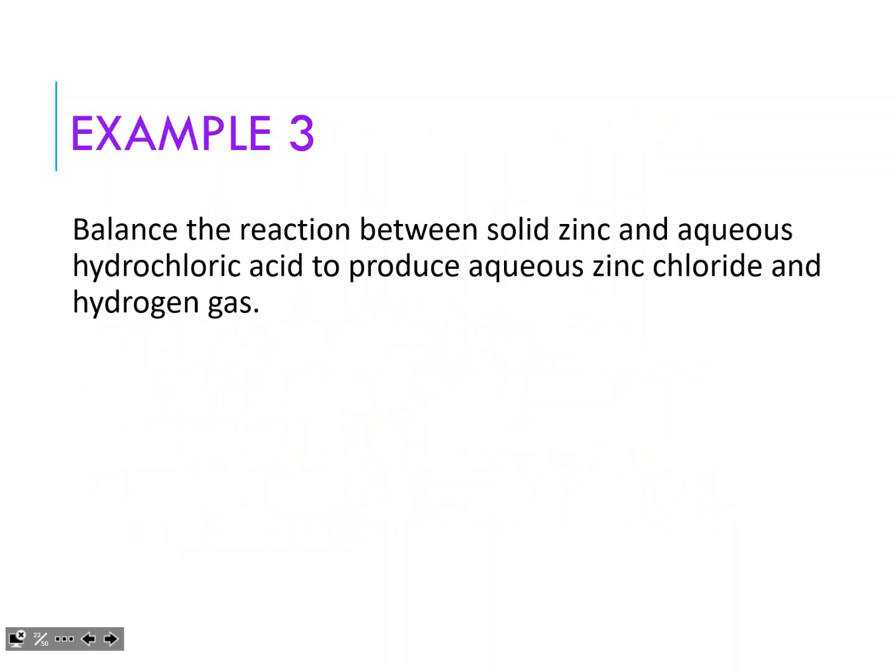So, a typical single replacement reaction where you have zinc and hydrochloric acid producing zinc chloride and hydrogen gas. The first thing to do, of course, is to write out the unbalanced equation. So we have zinc plus the hydrochloric acid, and that's going to give us the zinc chloride.